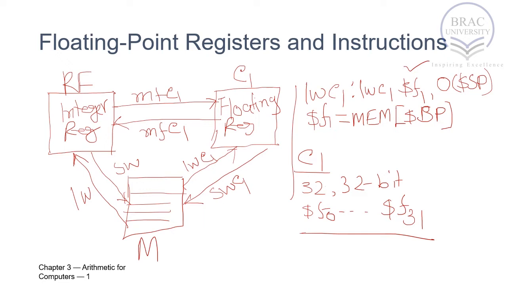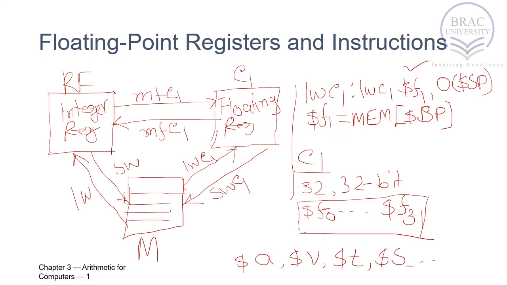So that means in C1 we only have one naming convention, and that is F0 to F31. But in the register file we have different names. There could be a register name starting with A, a register starting with V, we already know T, we have S, and so on.